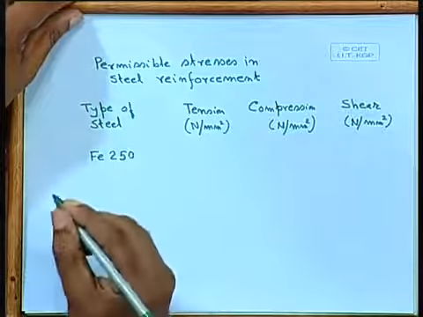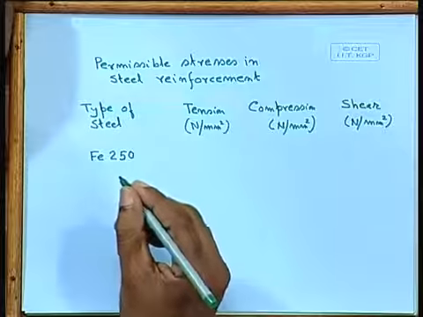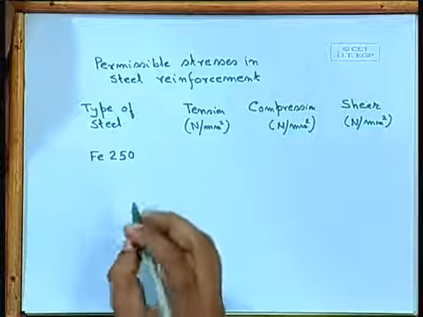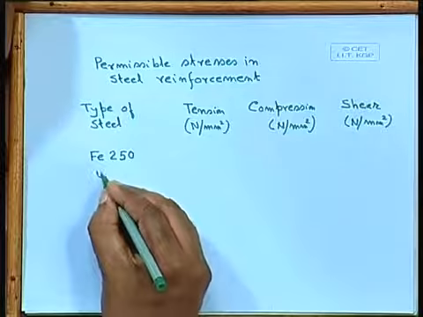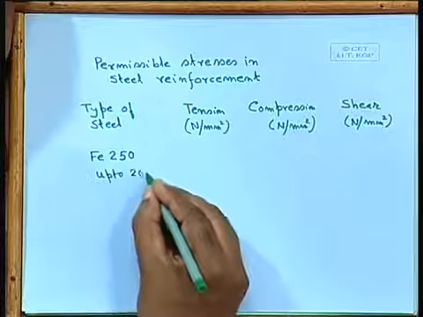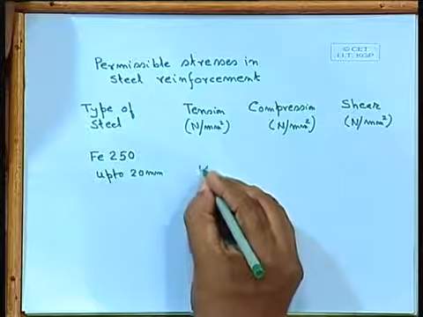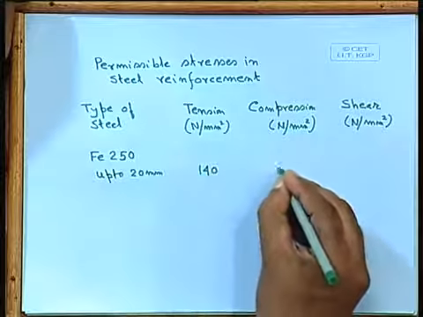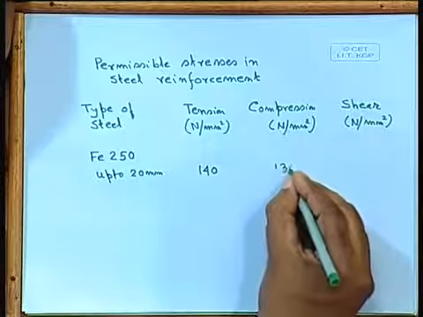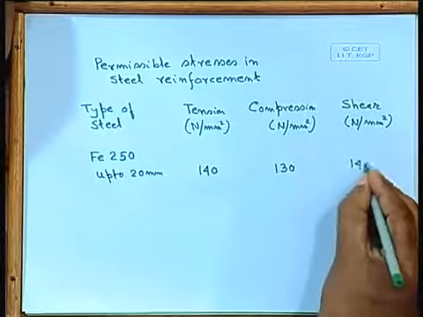Fe 250, that is mild steel. For that, up to 20 millimeter diameter, we have 140 in tension, 130 in compression and 140 in shear.